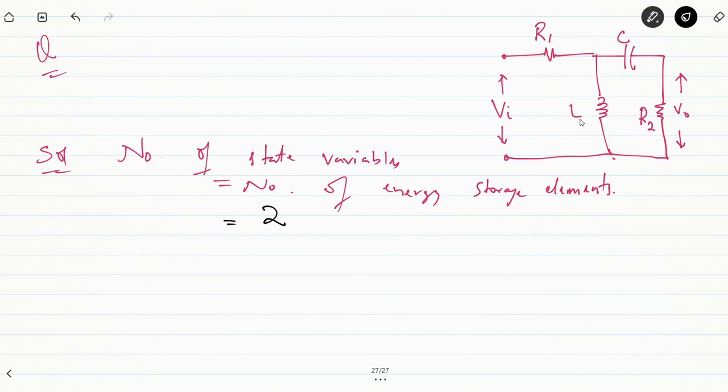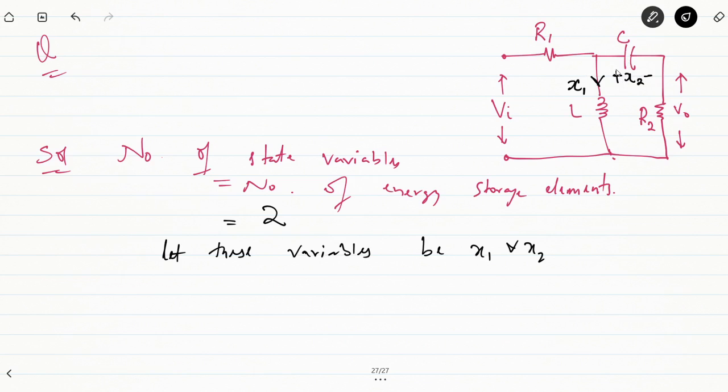Inductor basically causes the current to differentially vary through it, whereas the capacitor will cause the voltage across it to vary differentially. And let these variables be x1 and x2. Now we know that one state variable is actually the current flowing through the inductor, x1, and another state variable is the voltage across the capacitor, x2. Okay?